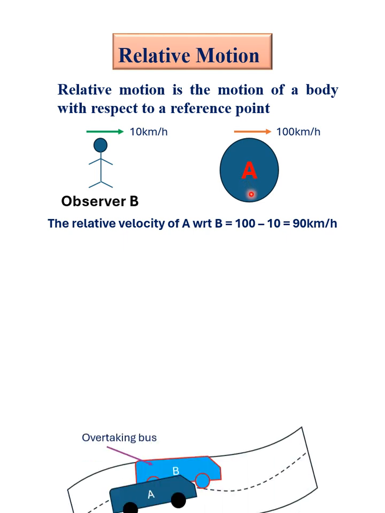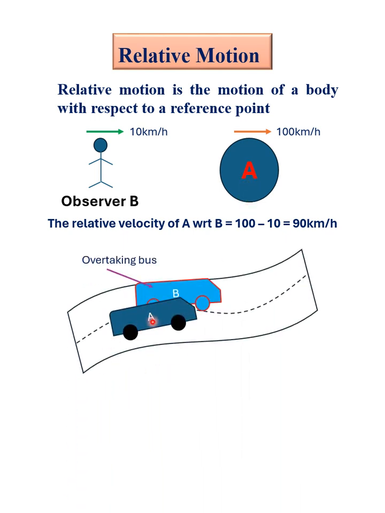Let's look at another scenario. Two buses, bus A and B, driving along a road, and bus B tries to overtake bus A, or it is overtaking bus A. If you are in bus A, you will see B to be driving past you very slowly, even though both cars are driving with a fast speed.